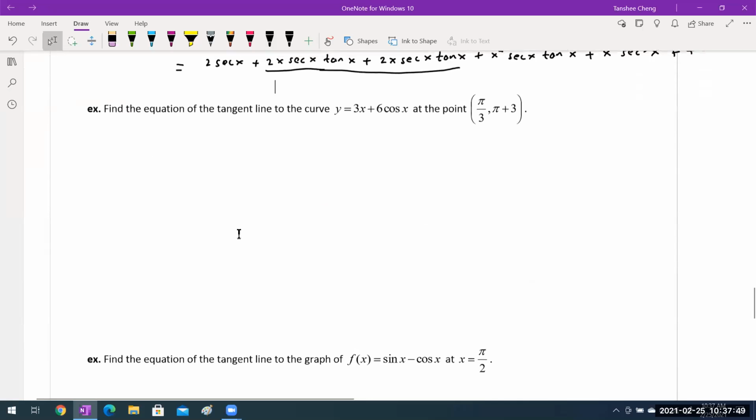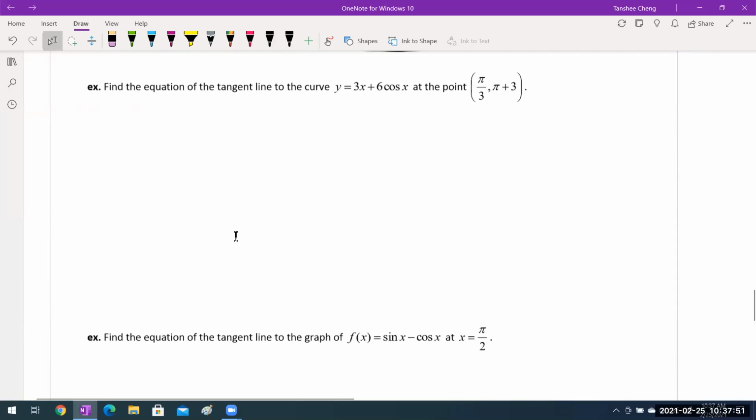So now what we want to look at is the usual problem, which is how to find the equation of the tangent line on this trigonometric curve at a certain particular point. So first, we need to find out the slope of the tangent line.